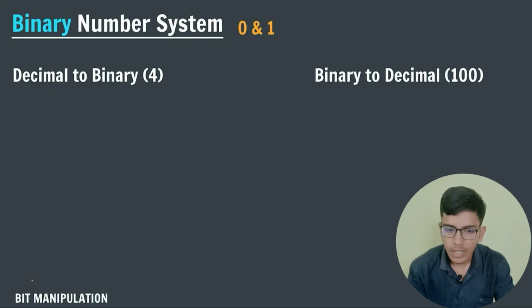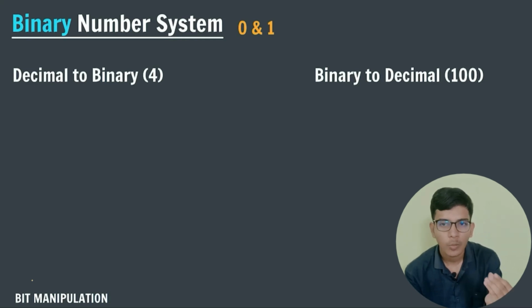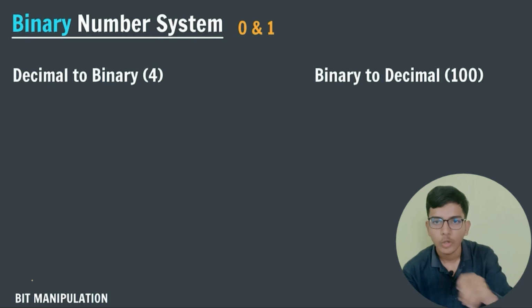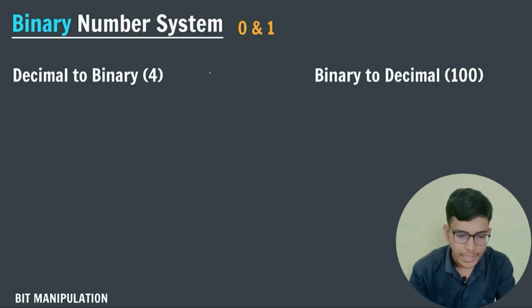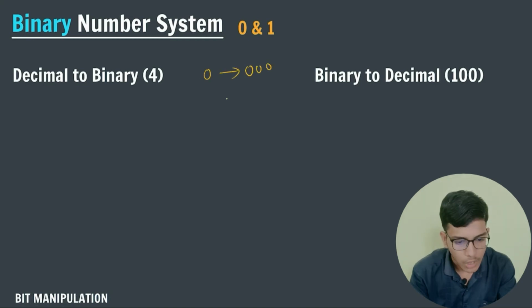I want to tell you one thing: we already studied how to convert a decimal number to binary and binary to decimal. I want you guys to remember by heart at least 8 values of decimal to binary. So I am going to write here values from 0 to 8, and I want you to remember those values. 0 in decimal is 000 in binary. 1 in decimal is 001.